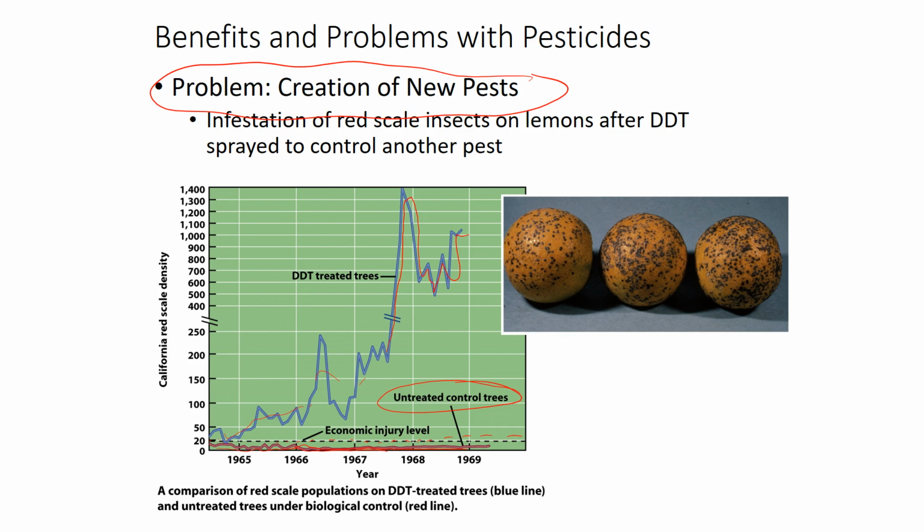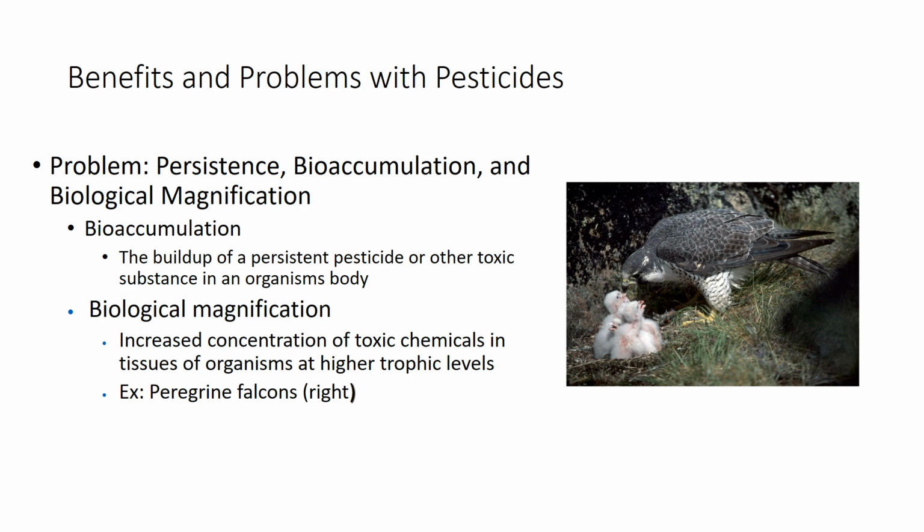All right. So we see that there are problems with the overuse or improper use of pesticides, just like with the antibiotics. All right. Now, another really important thing, and when we do some more work with toxicity, and I know we're beginning to do that already in class a little bit, there's two really important things. There's what's called bioaccumulation and biological magnification.